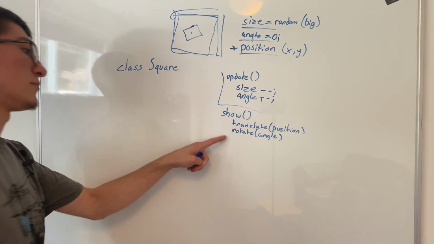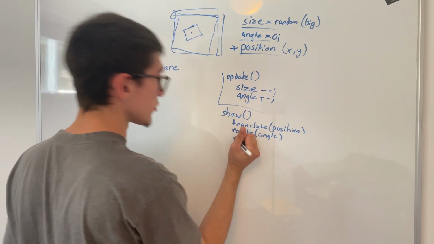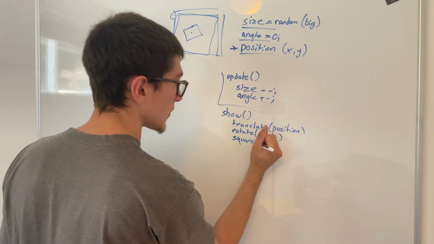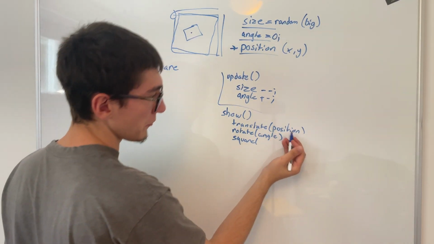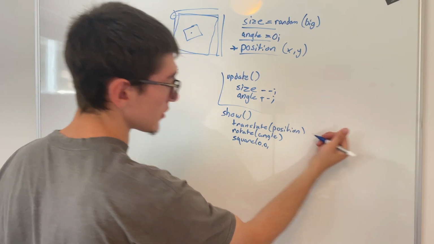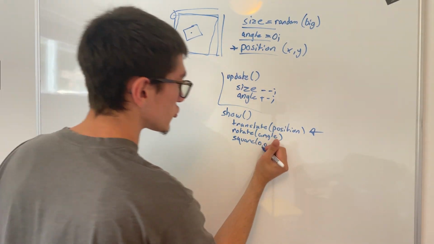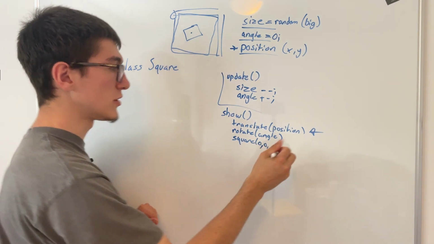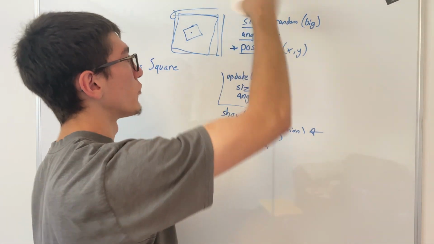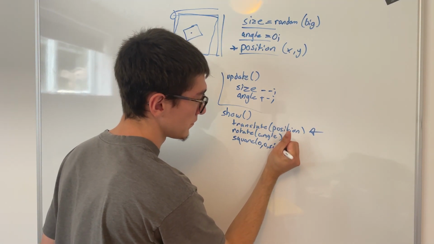And then we just need to draw the square. I'm not even sure if there's a square function. And we want it at 0, 0, since we've already translated to the position where we're going to draw. So we will just draw it at that position, and we want the size to be the size. Both width and height for the square is going to be the same, which is going to be the size.